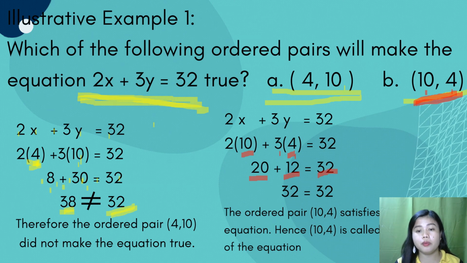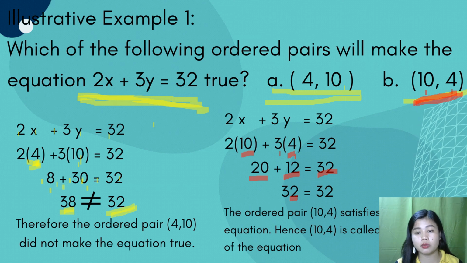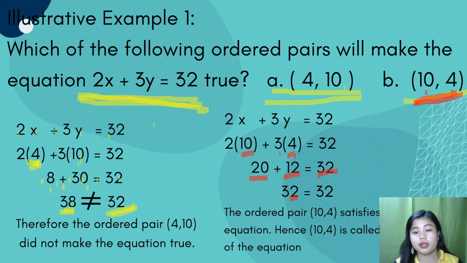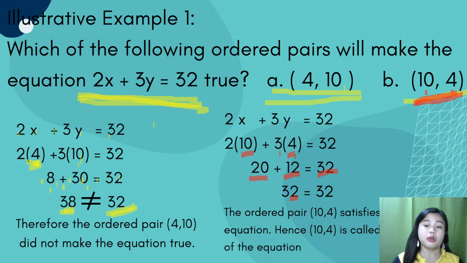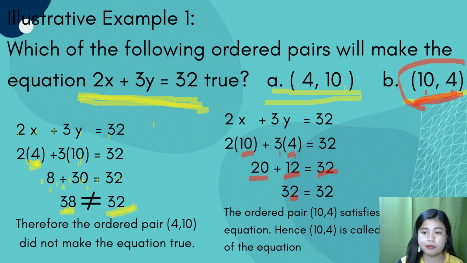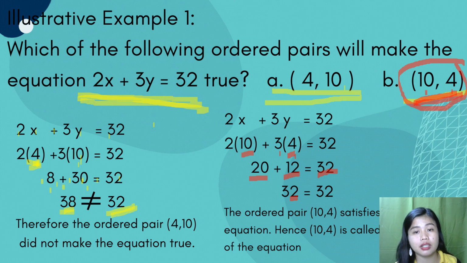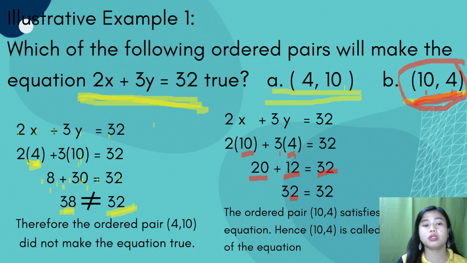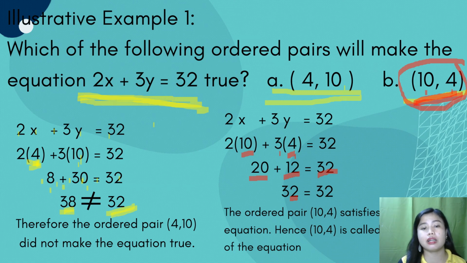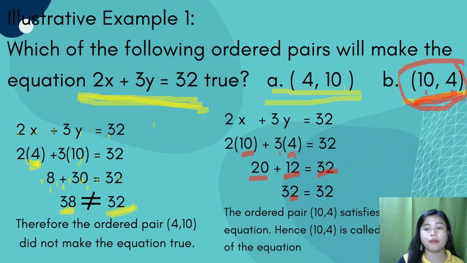So 20 plus 12 is 32, which is equal to 32. They are equal. So we can conclude that (10, 4) is a solution of the given equation 2x + 3y = 32. Why? It satisfies the equation.